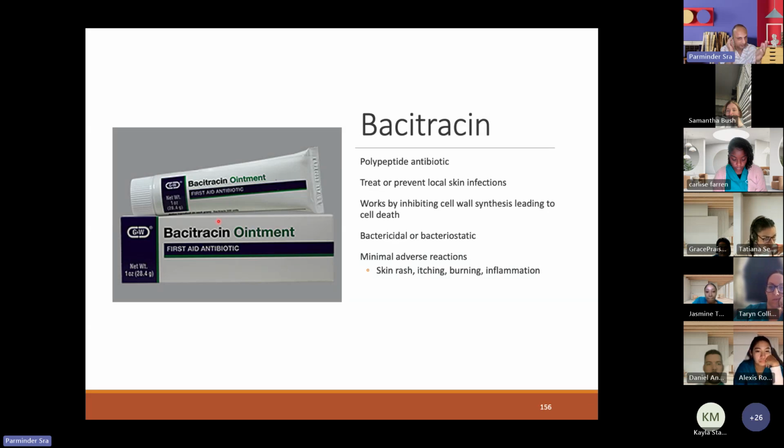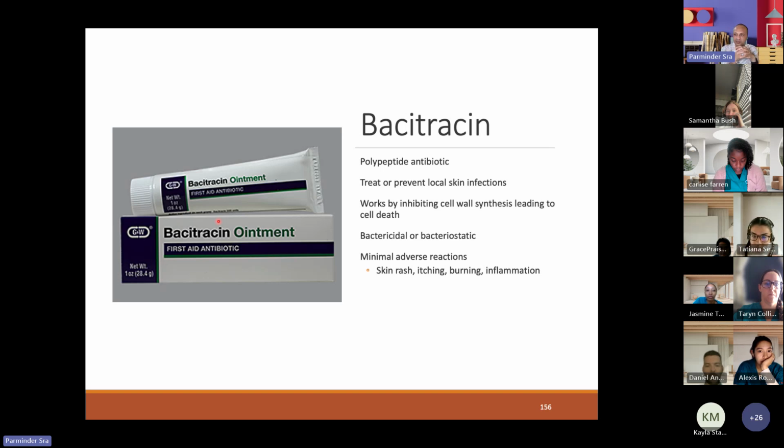Most commonly you'll see it as an ointment, and it stops the growth of certain bacteria on the skin. You'll find it OTC alone, or as a combination product, as in Neosporin, which is a combination of neomycin, polymyxin B, plus bacitracin.